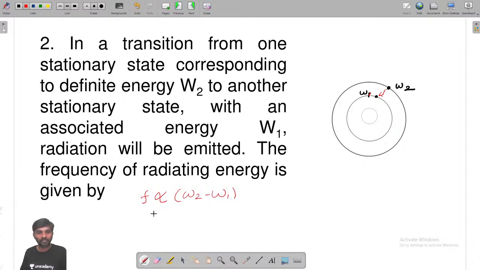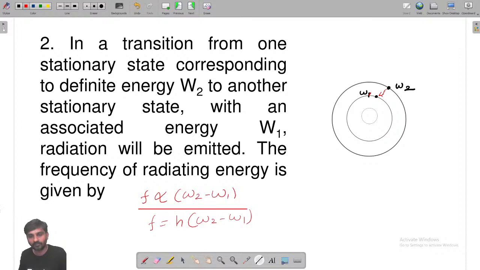And you have a constant of proportionality, F is equal to H into W2 minus W1. This is also one important thing. So according to Bohr, this is W2 minus W1.